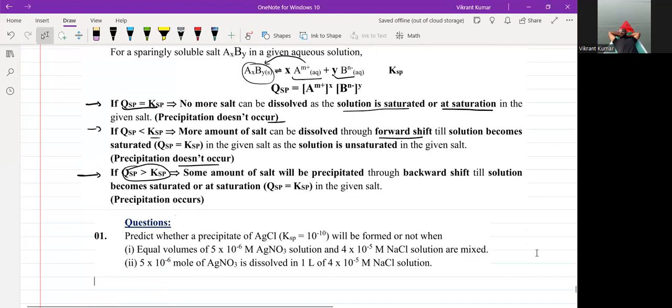Solve this question. Have I repeated the question?